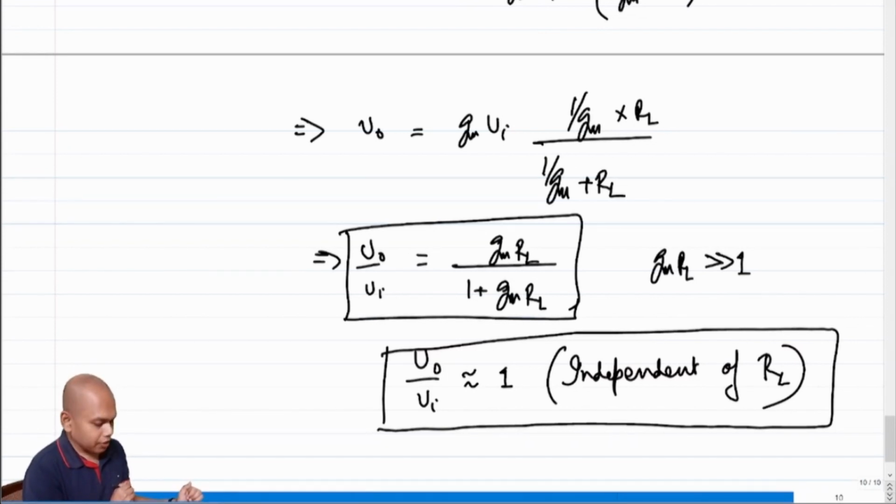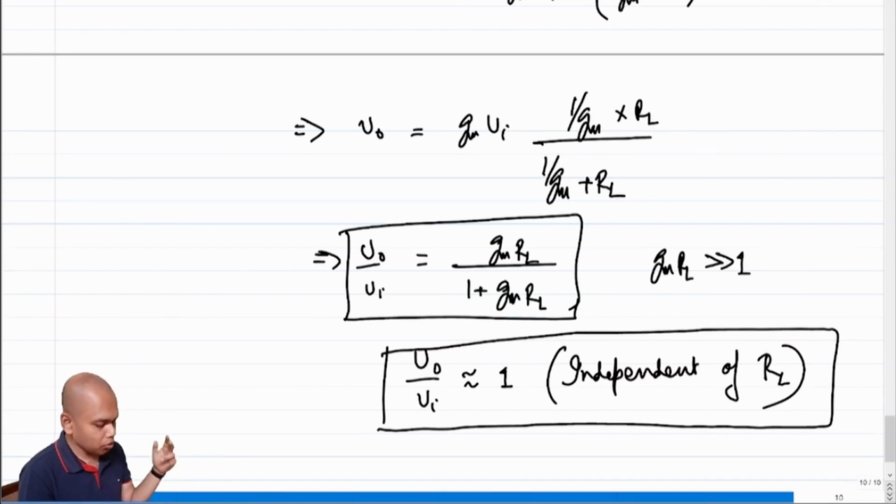You see, you are getting an output voltage which is independent of load resistance. So what do you call something where the output is independent of load resistance? This is an ideal voltage controlled voltage source.